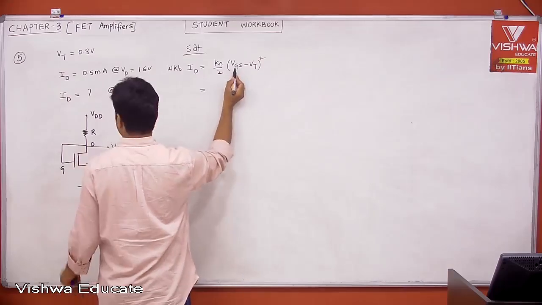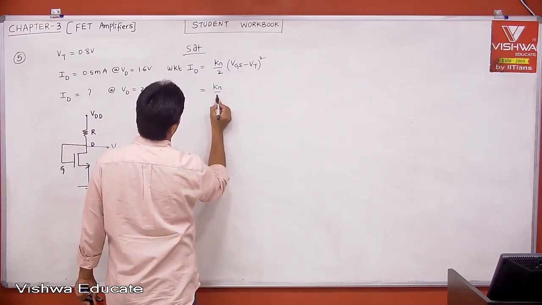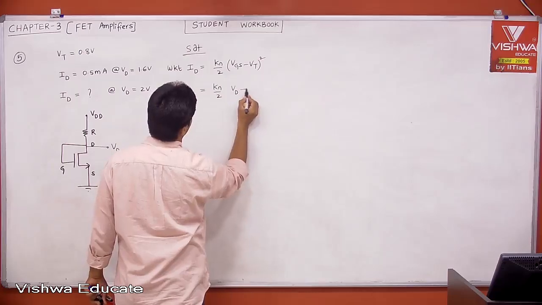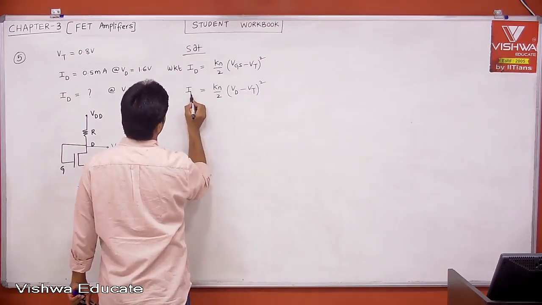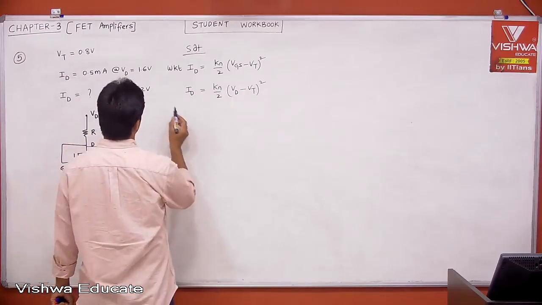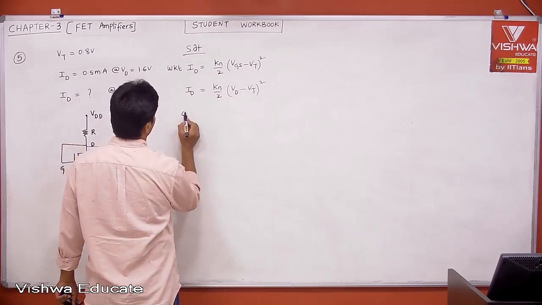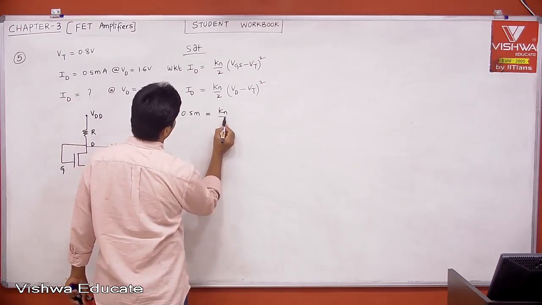Therefore, what is VGS? VGS is nothing but VD. Therefore, Kn/2 into (VD − VT) whole square. This is your ID. He has given already ID is equal to 0.5 milliampere. Kn/2, that is not known to you.